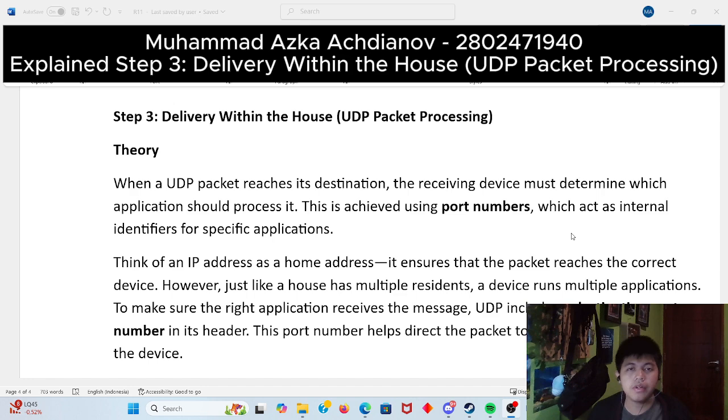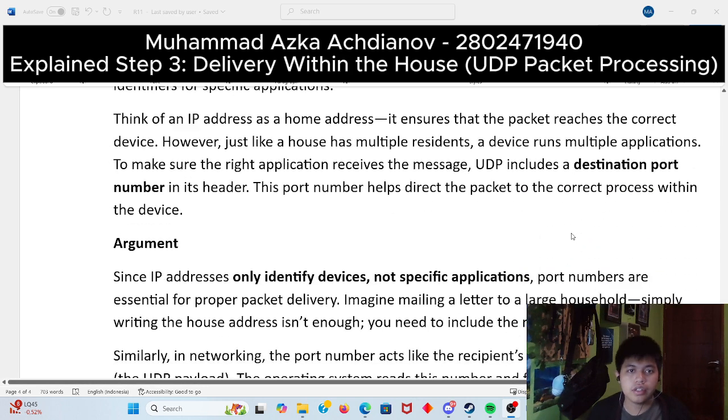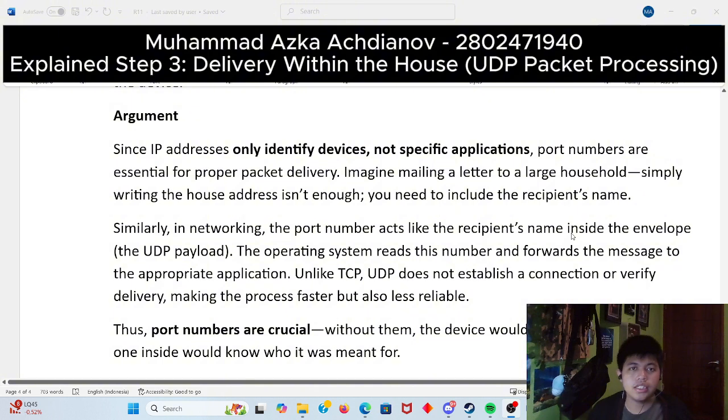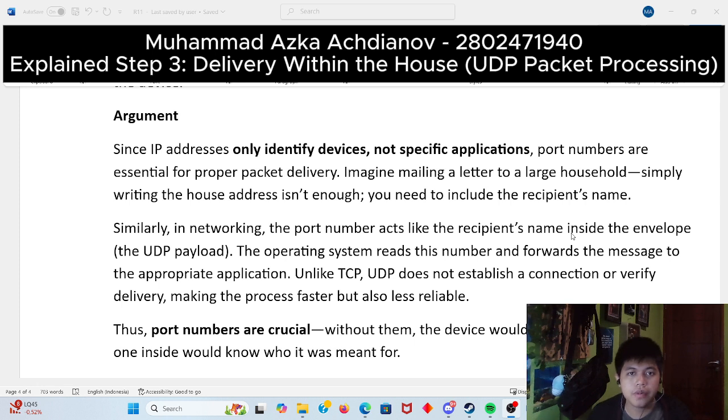Okay, I'm going to talk about my argument about this theory. In my argument, since an IP address only identifies the device, not a specific application, port numbers are essential for proper packet delivery. Imagine mailing an envelope to a large household. Simply writing the house address isn't enough. You need to include the recipient name. Similarly, in networking, the port number acts like the recipient name inside the envelope, or the UDP packet.